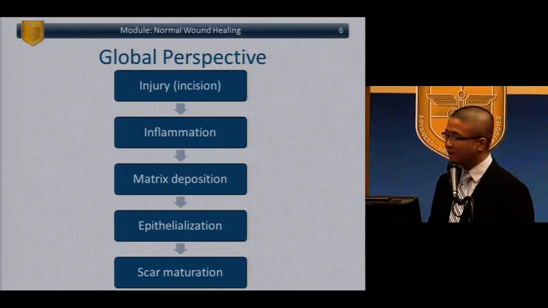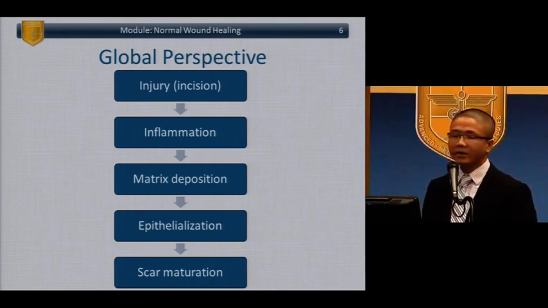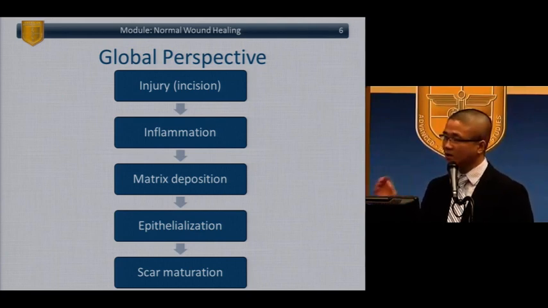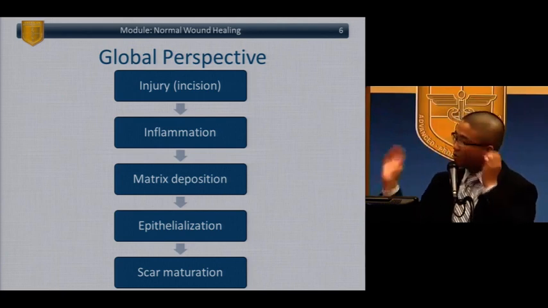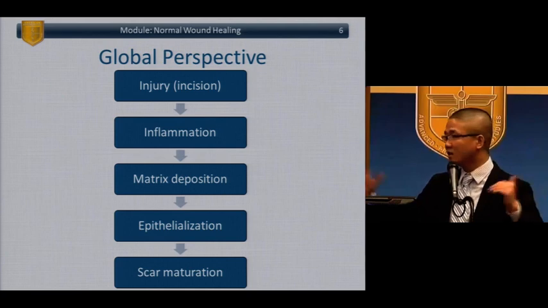As soon as you cause that injury, whether it's a trauma patient or you cause the injury by making the incision, the body responds the same way. It calls upon its inflammatory warriors to rally them and bring them to the site of infection or the injury, and to try to clean up the debris, start enhancing the migration of other cells to that region, so that ultimately the goal is to do a matrix deposition on which other cells can come and grow, known as fibroblasts.